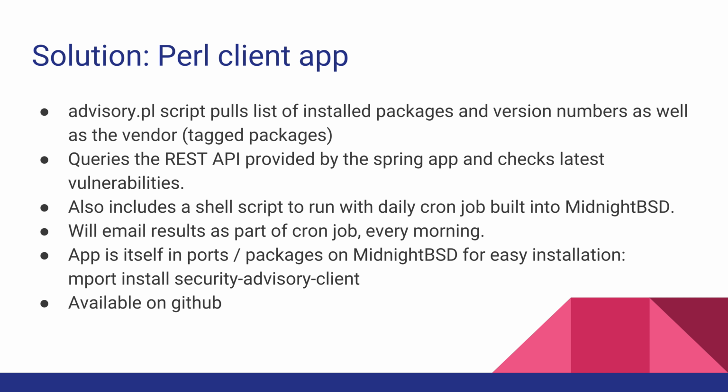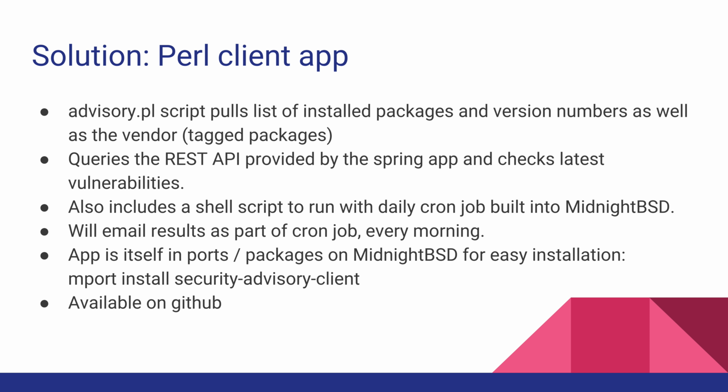Not all packages have that information available yet. For the purposes of this demo later, I installed about 15 packages or so, just so you could see on a real server what vulnerabilities exist in the packages. The advisory.pl will do a REST call for each individual package installed in the system and check for all of the vulnerabilities for that package.